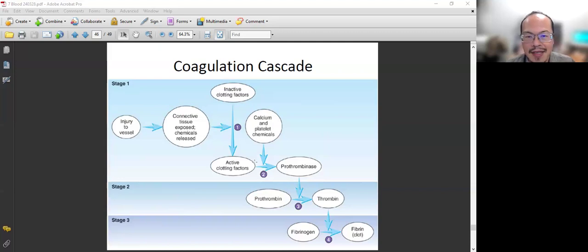And since this is several cascades of factors, even though this one is already a simplified version, I will only ask you the final steps. So basically, what converts the fibrinogen to fibrin, you need to know, is thrombin. And thrombin is converted from prothrombin. Converting prothrombin to thrombin is achieved by something nice, prothrombinase.